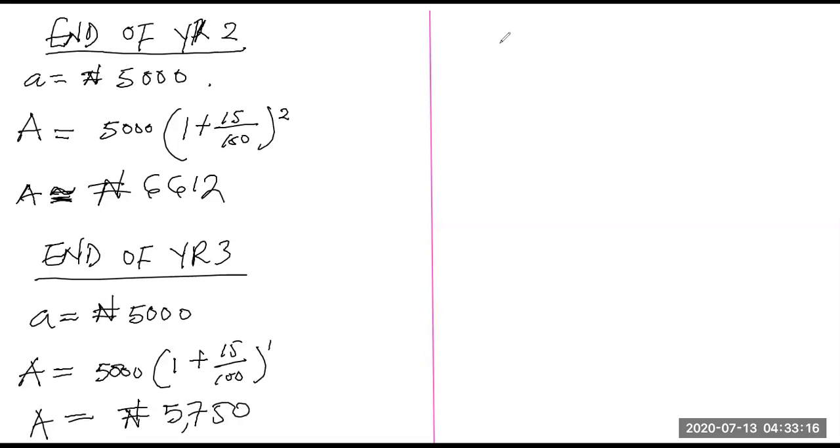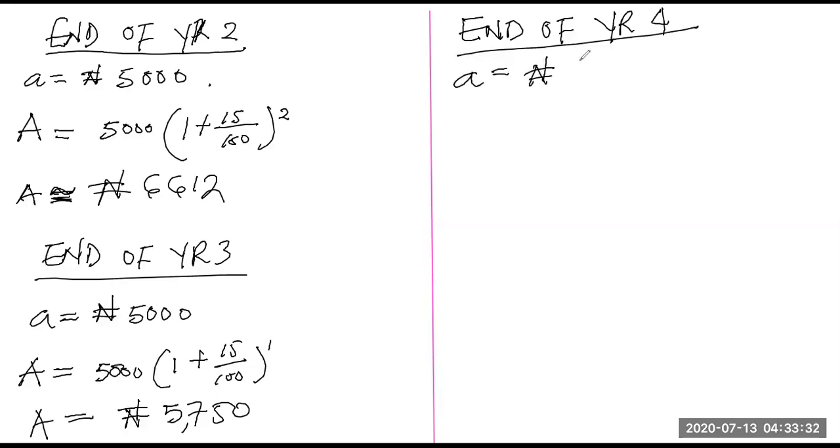So we'll now calculate for end of year 4, which is the final year that the person intends to do business with all his annuity. An annuity of 5,000 will come in at the very end of year 4. Will the person compound this money?